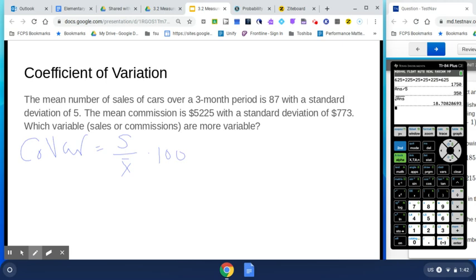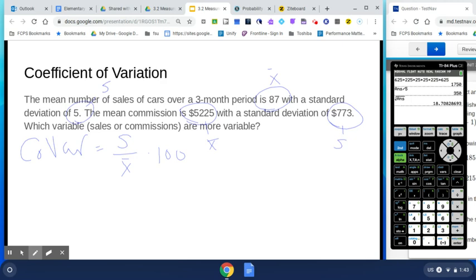So for number of sales, our mean is 87 and our standard deviation is 5. For the commission, the mean is $5,225 and the standard deviation is 773.